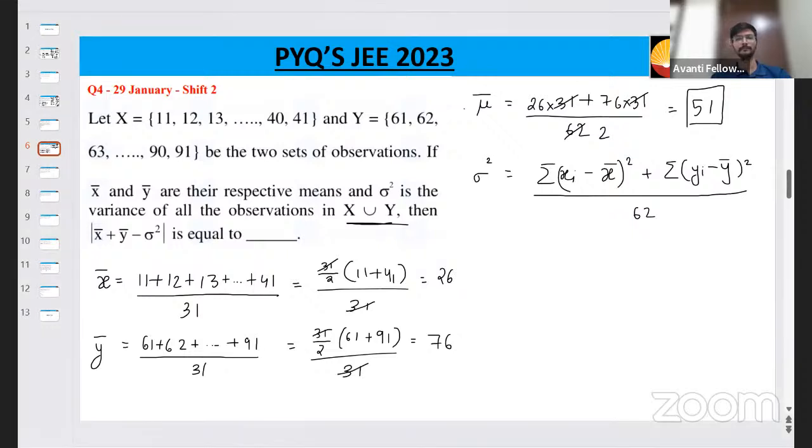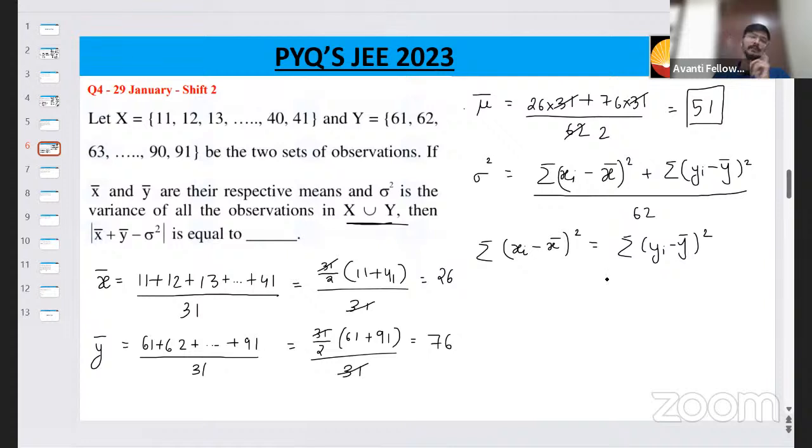Now if you see, summation of xi minus x bar square will be equal to summation of yi minus y bar square. Why? Because both of them have 31 elements. Both of them are AP with common difference 1. So if we subtract both of them from their mean, we'll get the same numbers.